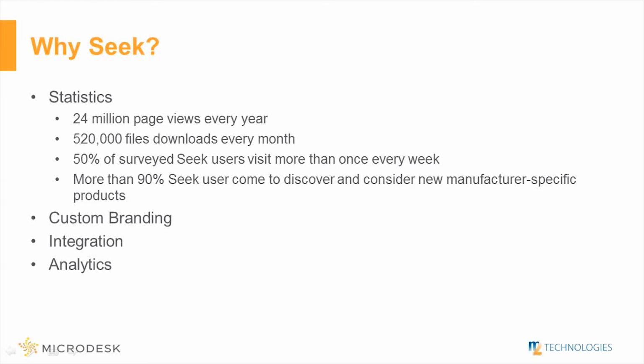You can do all that through Seek. And it can also be integrated directly into your company website. So you can have people search and download products the same way they would do it through Seek on your site as well. It's essentially, I guess they call it a microsite. And the look and feel is similar to your corporate site, but it's hosted by Autodesk.